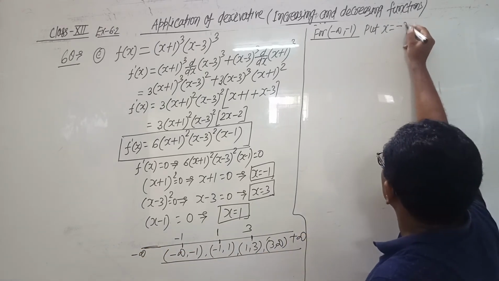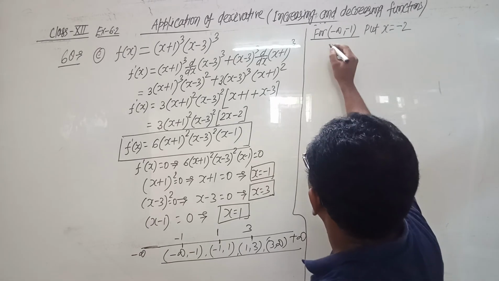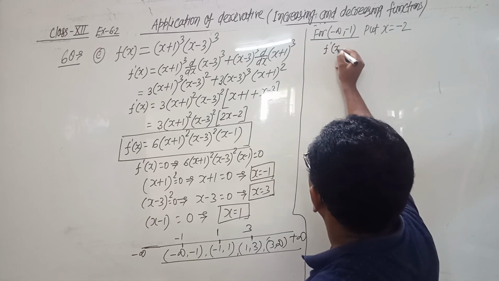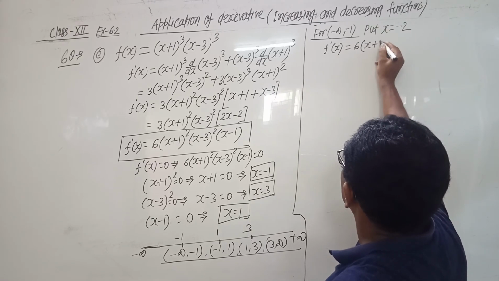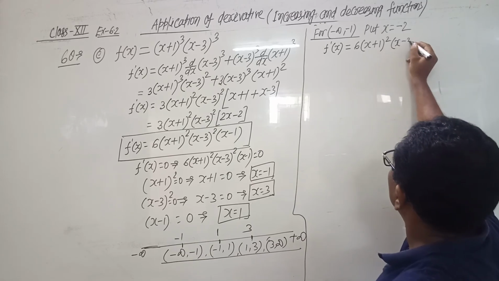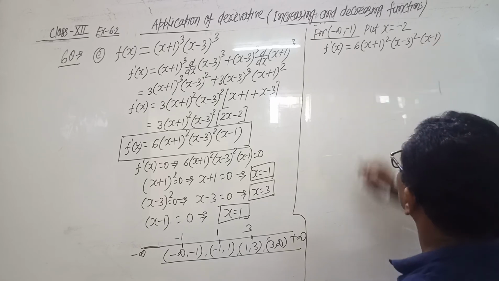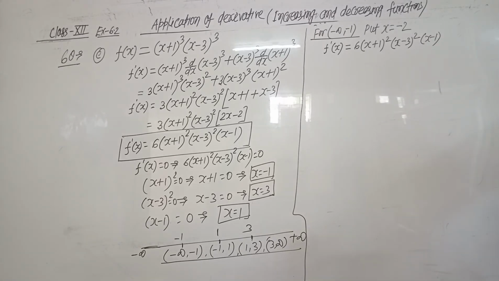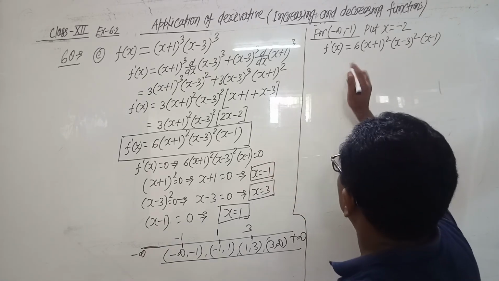Let us take x = −2, and we have to put this value of x in the original form of f′(x). So f′(x) is 6(x + 1)²(x − 3)²(x − 1), and we put x = −2.